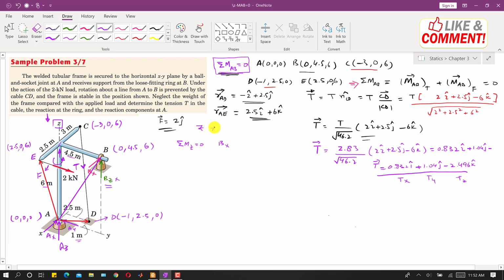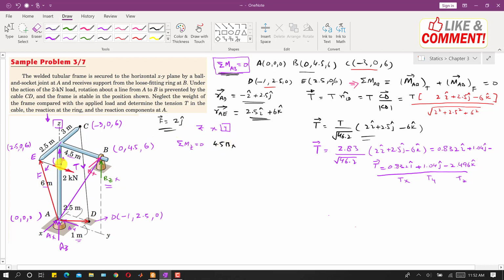The BX force is along X, so the perpendicular distance will be along Y, right? So the perpendicular distance of this BX along Y from the Z axis is this 4.5. So this is 4.5 BX, right?